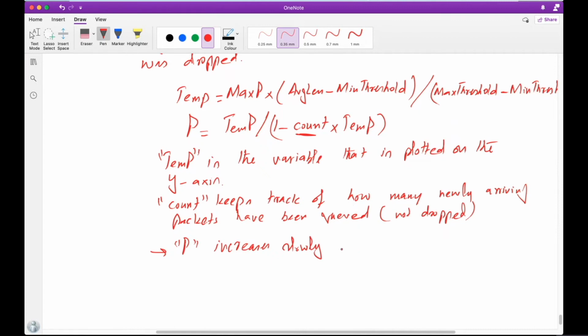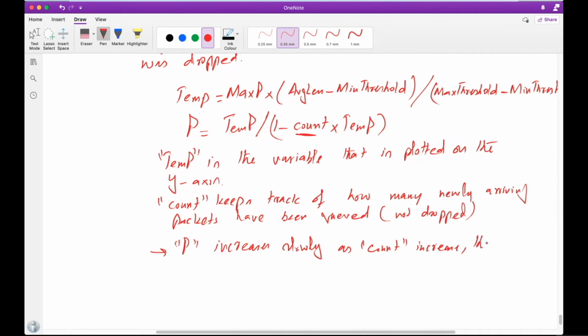Slowly as count increases. Why? Because the count is representing how many new packets have been queued without a drop, right?